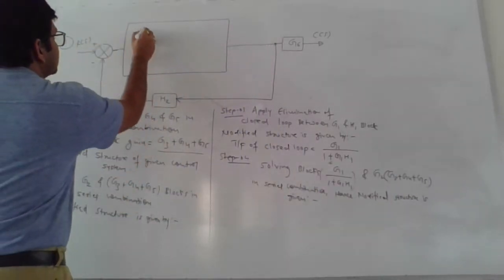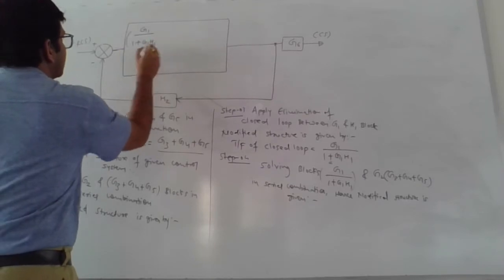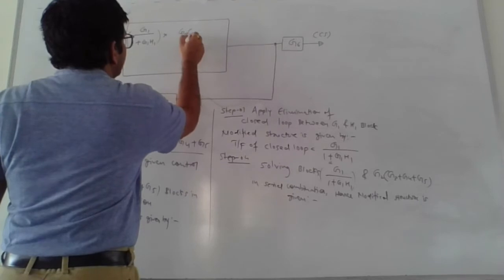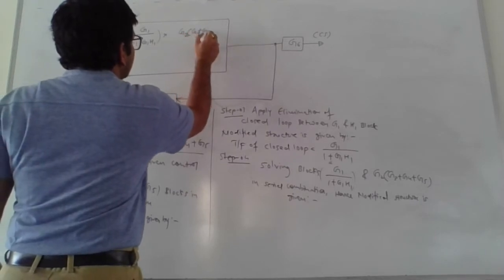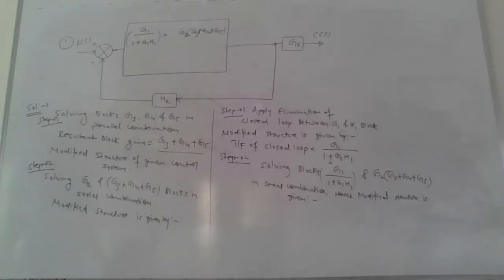So it is G1 upon 1 plus G1 into H1 whole multiplied by that G2 in bracket G3 plus G4 plus G5, like that.